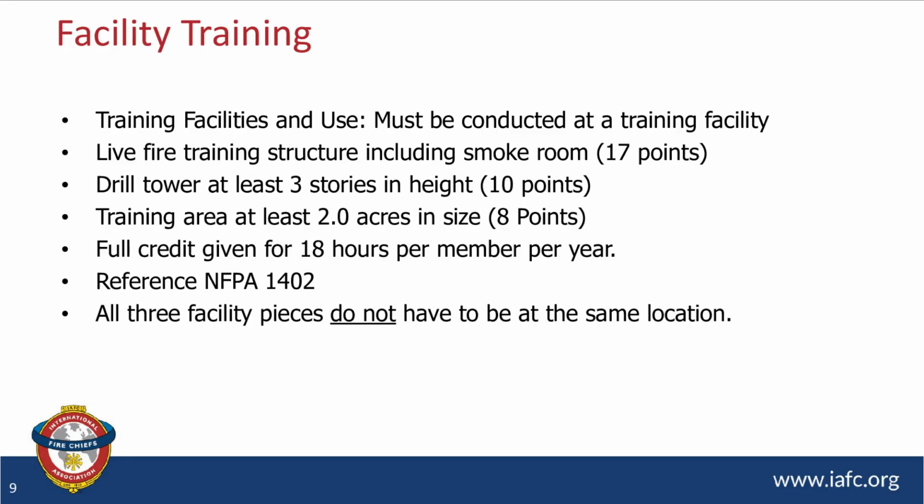The 3 components for this credit are the utilization of that live fire training structure, including the smoke room. We want to make sure that each person is utilizing a drill tower at least 3 stories in height. And we want to make sure that you and your members are also using a training area for maximum credit at least 2 acres in size.